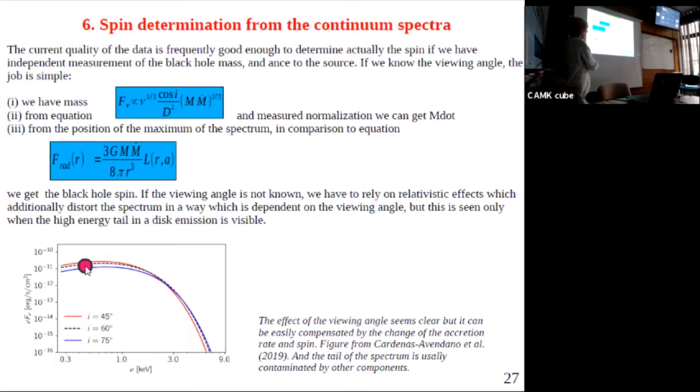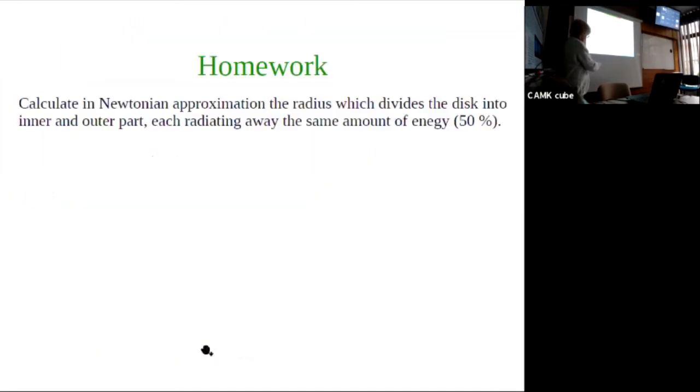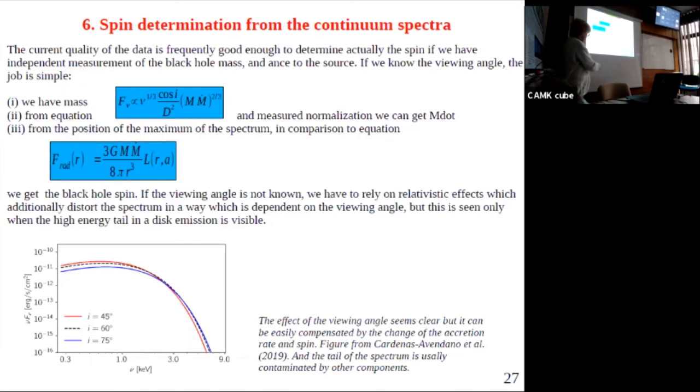If you change the accretion rate to adjust to the data, then you lose the absolute information about the black hole spin, because then accretion rate and spin are coupled. In principle, in full GR, there are relativistic corrections which slightly depend on the viewing angle, but they are so subtle that you would need an accuracy of a few percent at that tail.